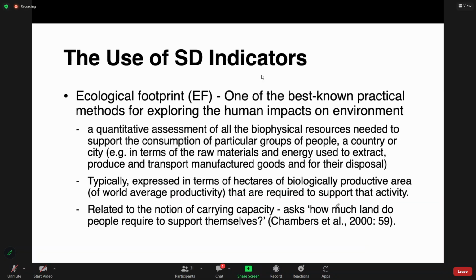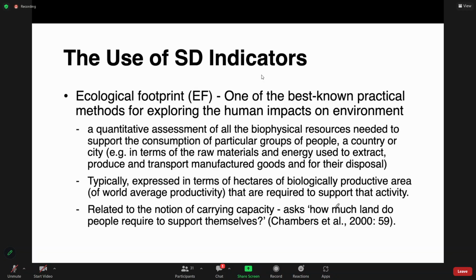And then another well-known use of an indicator is this ecological footprint concept, or even the carbon footprint concept. Ecological footprint is where you are trying to measure our human impact on the environment.